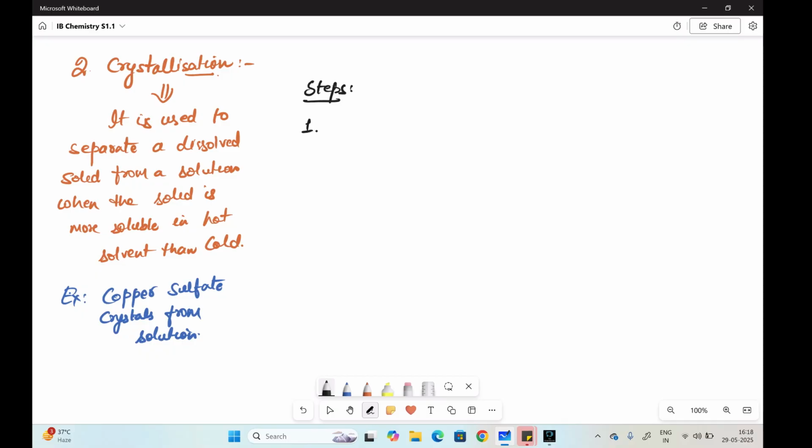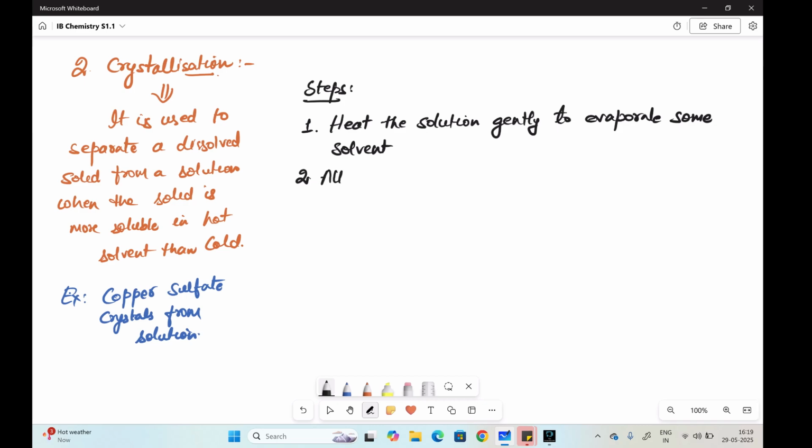First step, you have to heat the solution gently to evaporate some solvent. Next, what you have to do? Now you have to allow the solution to cool until saturated.